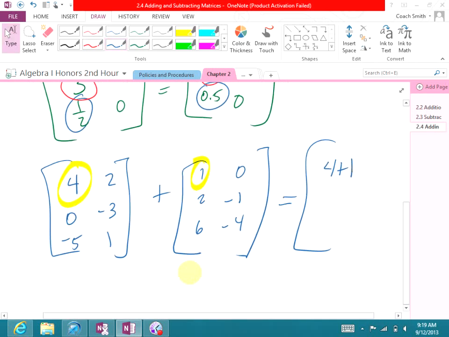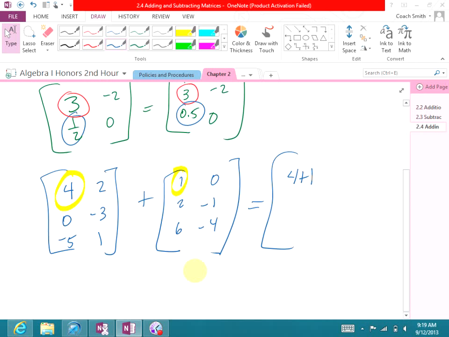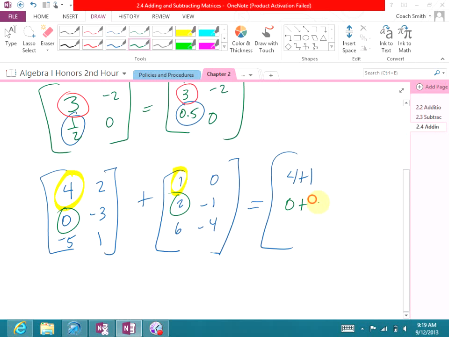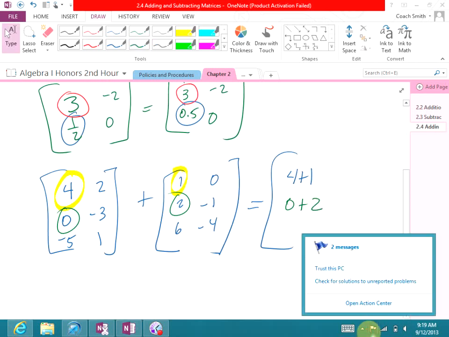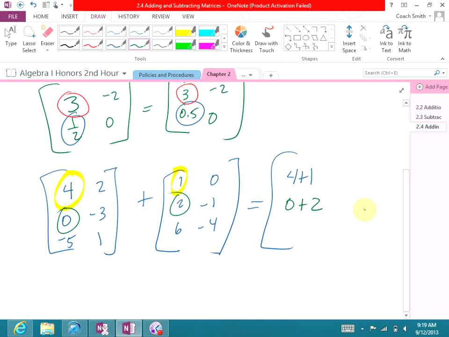And I'm going to shrink this down just a little so we can get it all on the same page. The next one is the 0 and the 2. So 0 plus 2. Okay? The next one is negative 5 and 6. So negative 5 plus 6. Okay? Now we move to the second column.